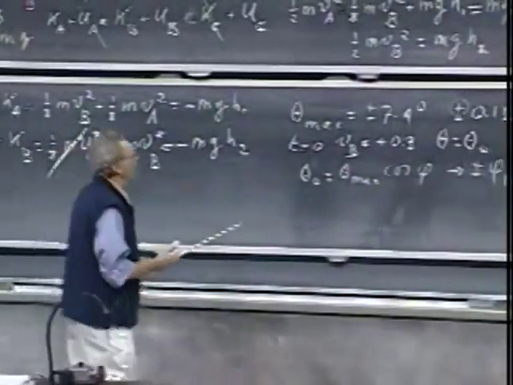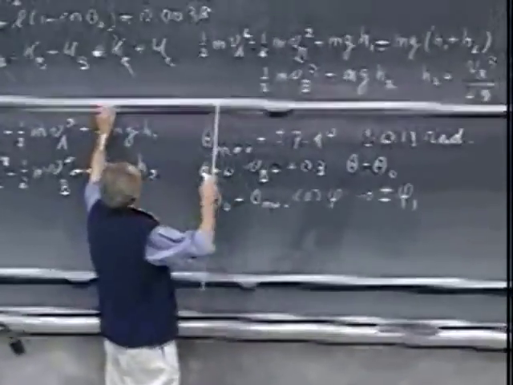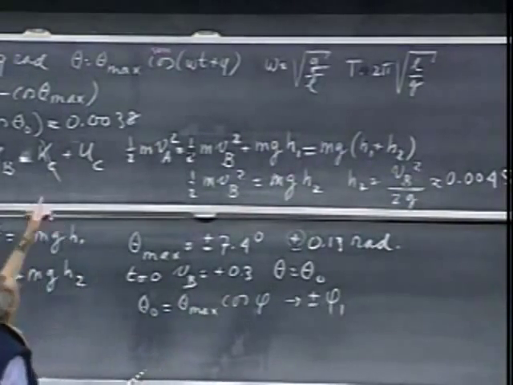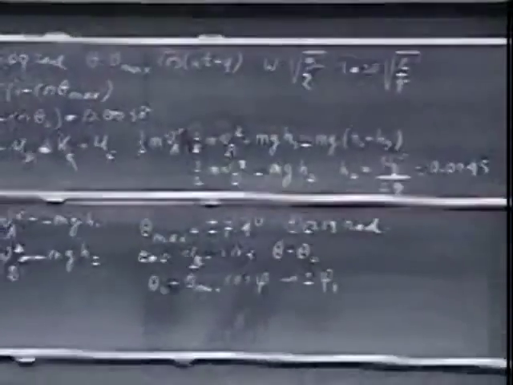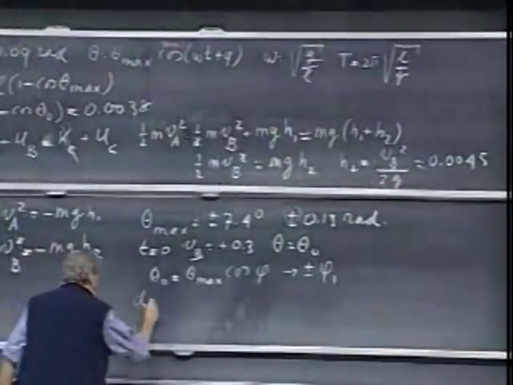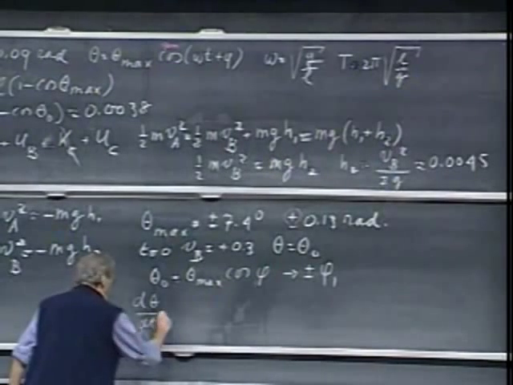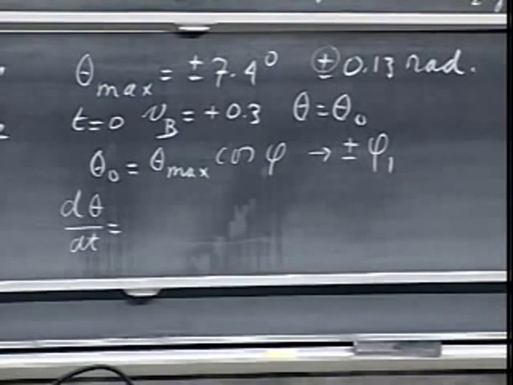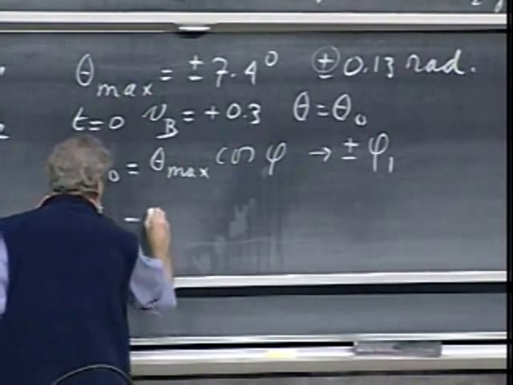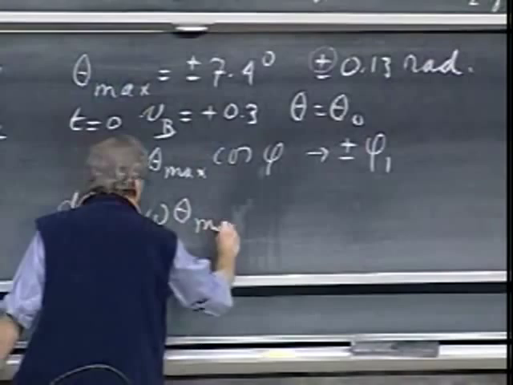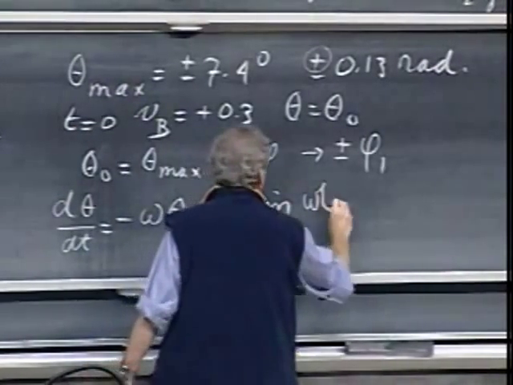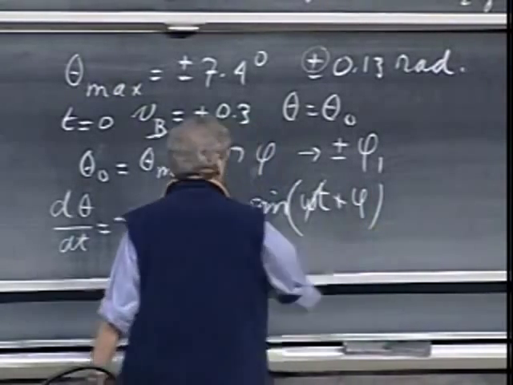And so now I have to take into account the fact that at t equals 0, I know the velocity v. And how does that come in? Well, I take the derivative of that equation, and so I get that d theta dt, which is the angular velocity in radians per second at any moment in time, but we're going to evaluate it at t equals 0, equals minus omega theta max times the sine of omega t plus phi, evaluated at t equals 0.